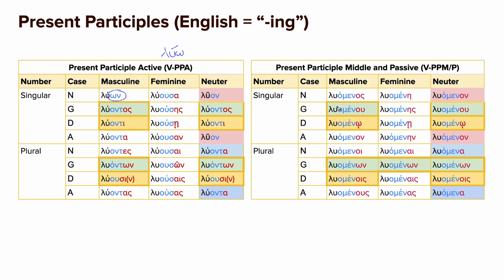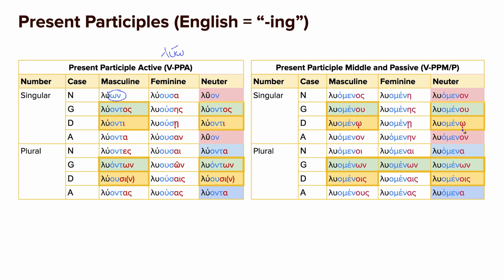All right, so luomenos, luomenou, luomenō, luomenon, luomenoi, luomenōn, luomenois, luomenous, luomenē, luomenēs, luomenē, luomenēn, luomenai, luomenōn, luomenais, luomenas, luomenon, luomenou, luomenō, luomenon, luomena, luomenōn, luomenois, luomena. Again, the same patterns. Neuter and masculine are the same in the genitive and dative, both singular and plural.